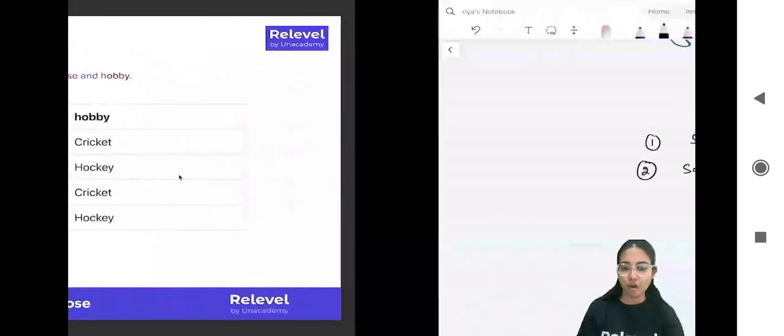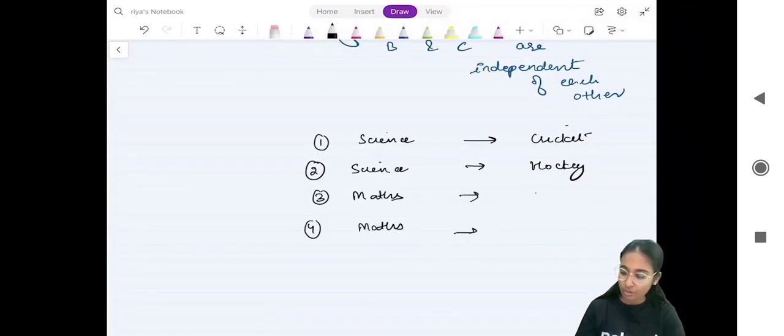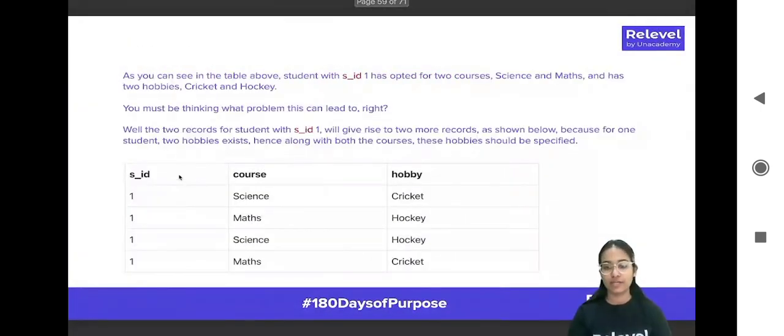And if they have opted for maths also, then you should write maths 2 times, because there were 2 corresponding hobbies. So you have to make sure that you account for all the possibilities, as shown in the example. That means the 2 records for student ID 1 give rise to 2 more records, because for one student 2 hobbies exist and there are 2 courses also. So it's a total of 4 combinations.